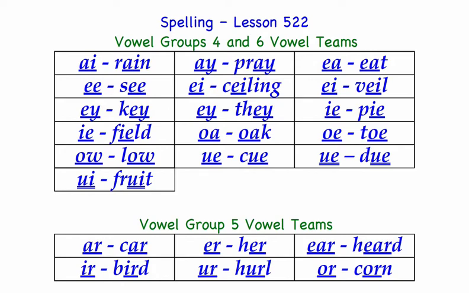So let me briefly review the sounds these teams represent. A-I, A, as in rain. A-Y, A, pray. E-A, E, eat. E-E, E-C. E-I, E, ceiling. E-I-A, veil. E-Y, key.